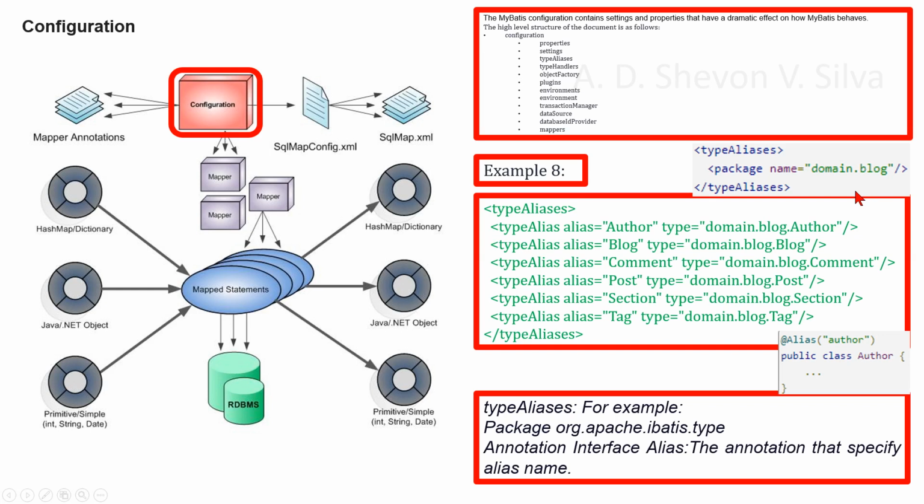That is, domain.blog.Author will be registered as author in lowercase. If the Alias annotation is found, its value will be used as an alias, for example below.